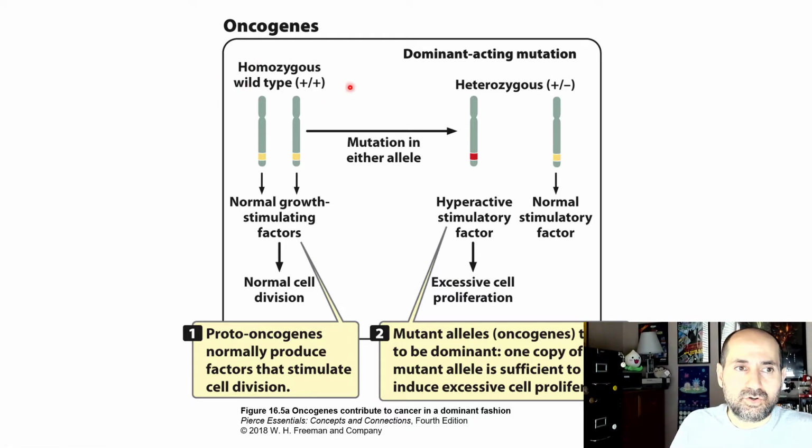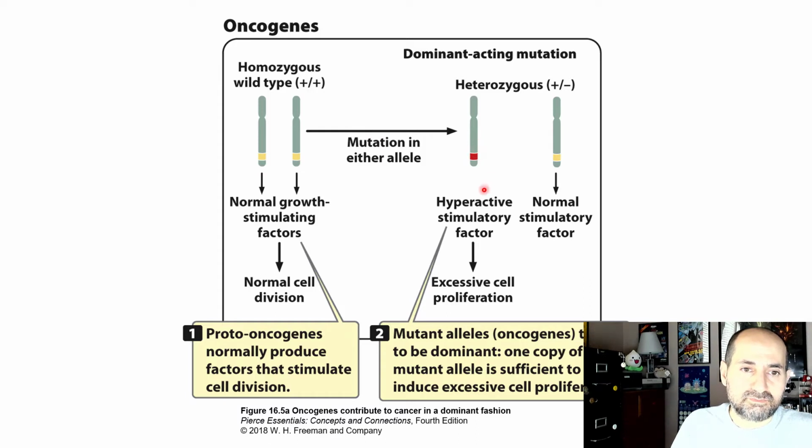So here's a homozygous wild type allele set. You know, you've got your homologous chromosomes. They provide normal growth stimulating factors, normal growth factors, normal cell division. But you mutate one allele. So this proto-oncogene got mutated to an oncogene.